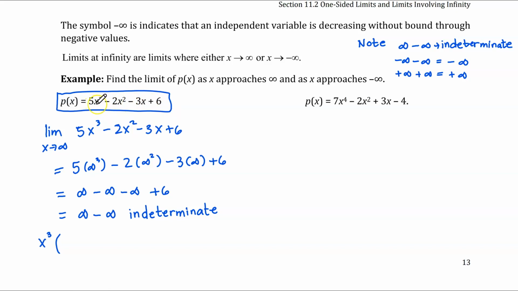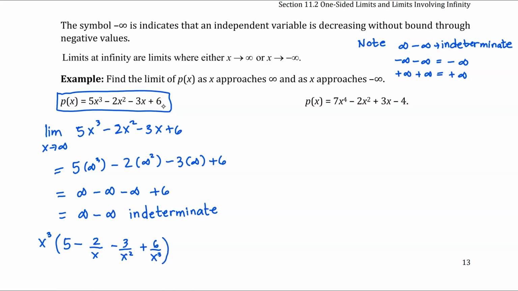So 5x cubed divided by x cubed is 5, minus 2 over x, and then negative 3x divided by x cubed gives minus 3 over x squared, plus 6 divided by x cubed, which is 6 over x cubed.